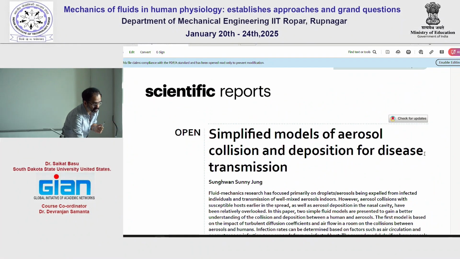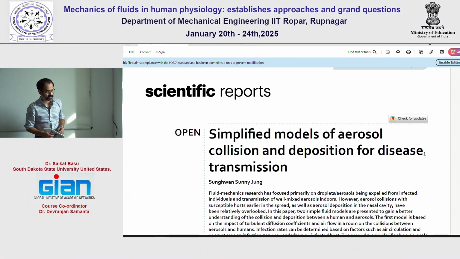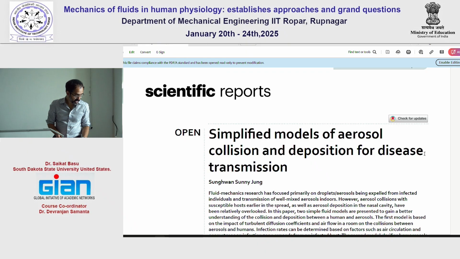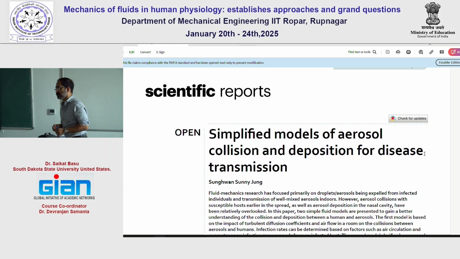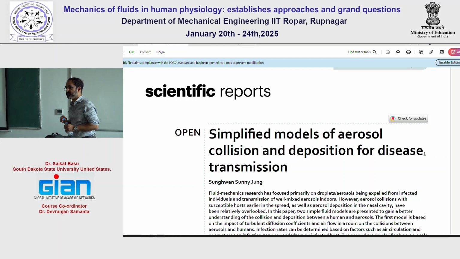So this was the paper, simplified models of aerosol collision and deposition for disease transmission. Since all of you did read the paper, anyone want to just summarize in 3 or 4 lines what it was about? Not the details of the scientific equations and whatnot, but what he did. Anyone?